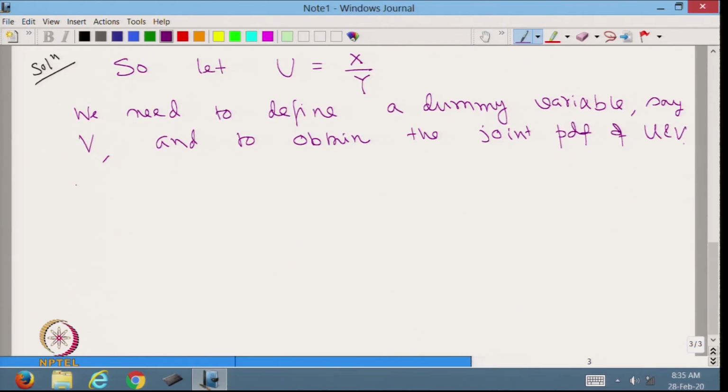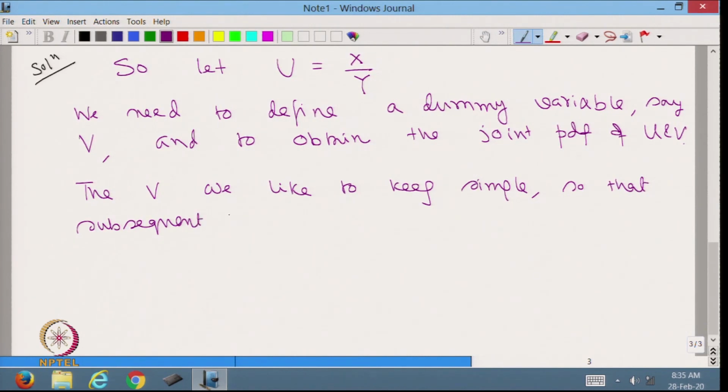As I said, the v we like to keep simple, so that subsequent mathematics becomes easier.